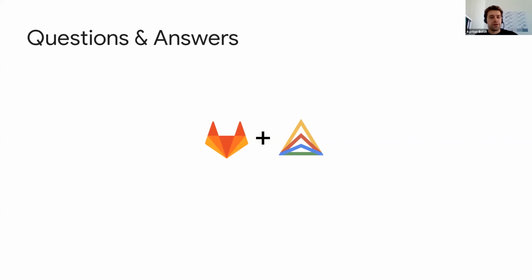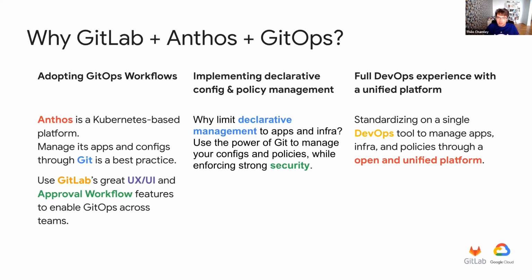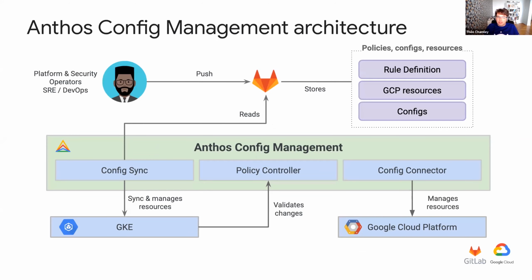Thank you very much. The next question is, how do I get started with GitLab and Anthos? I think the easiest starting point is to take a look at config sync. Config sync is that part of Anthos config management.